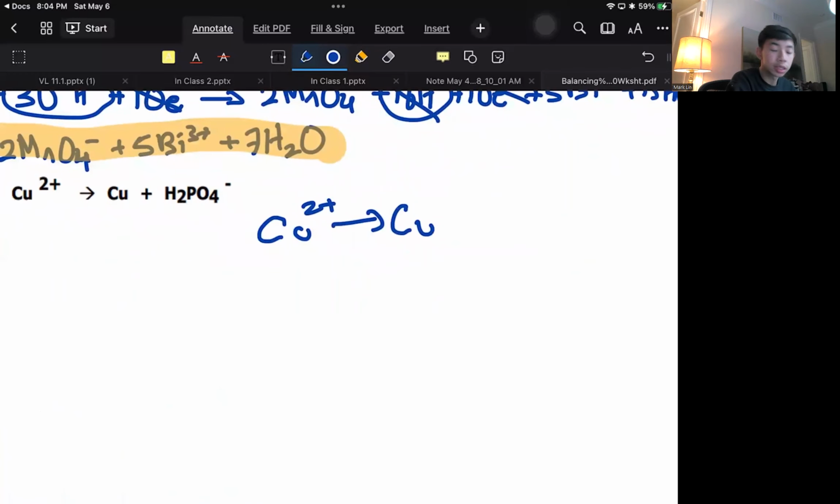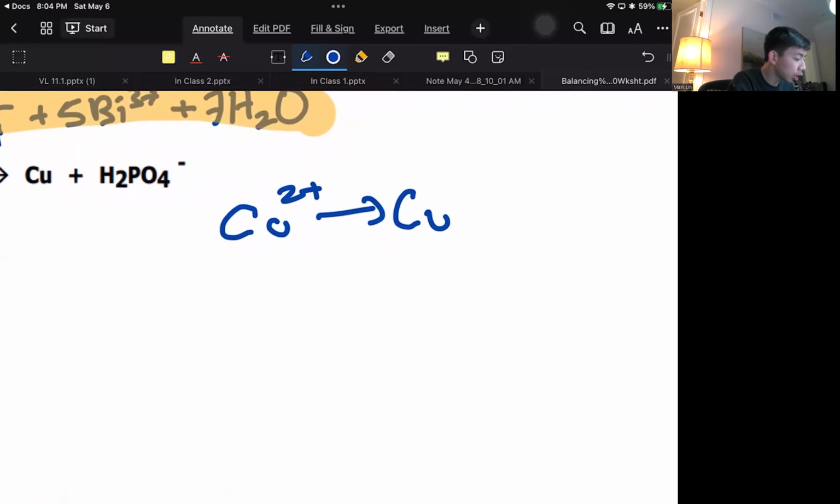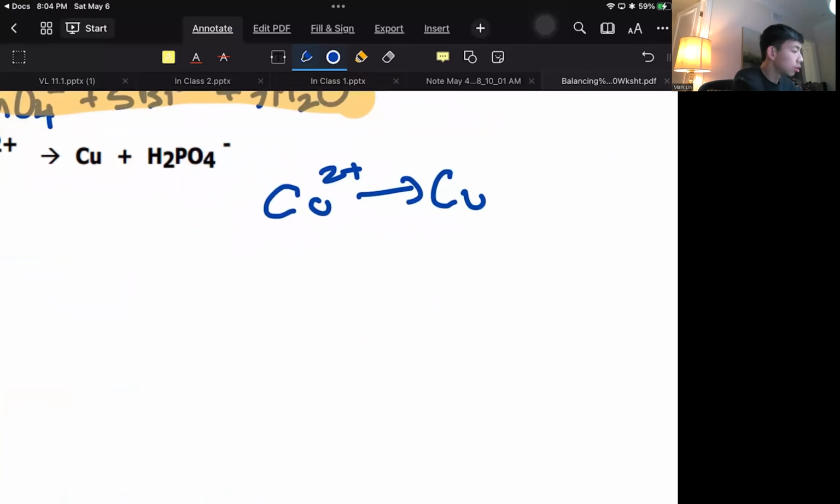Let's move on to the copper. As we see, there are no oxygens. In fact, there are no hydrogens. So you might be thinking, what do we do, Mark? We can actually skip that step entirely and just balance the charges.